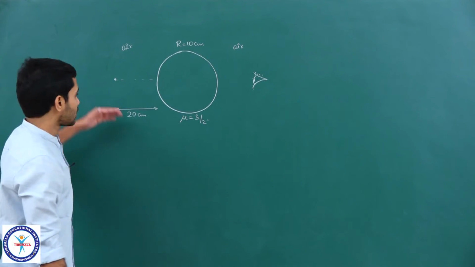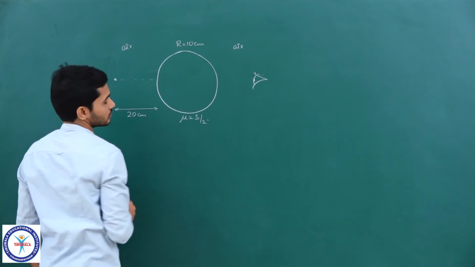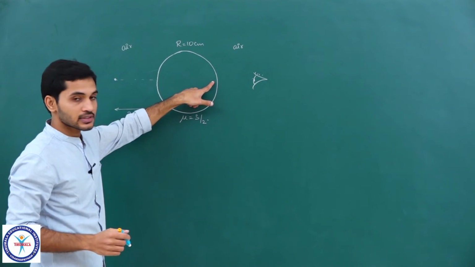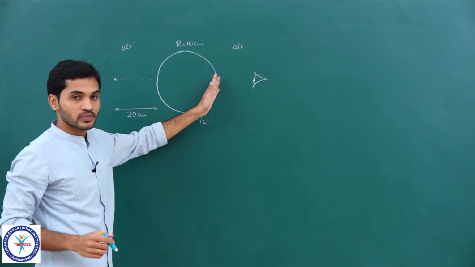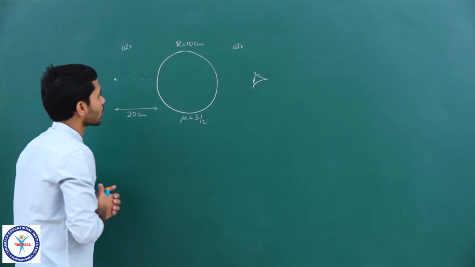Okay. Now, you know that the light ray which is going to travel should first refract from this surface, form an image that will act as an object for the second surface. The light ray will once again refract from the second surface and then eventually reach the person's eye, right.